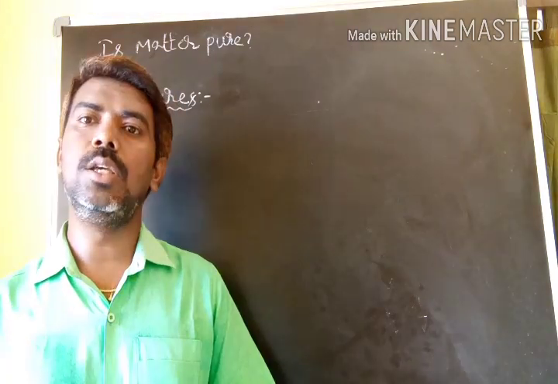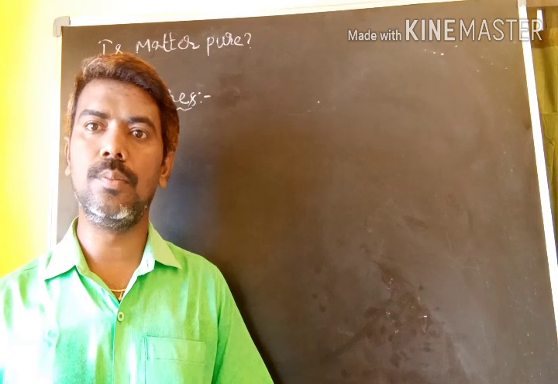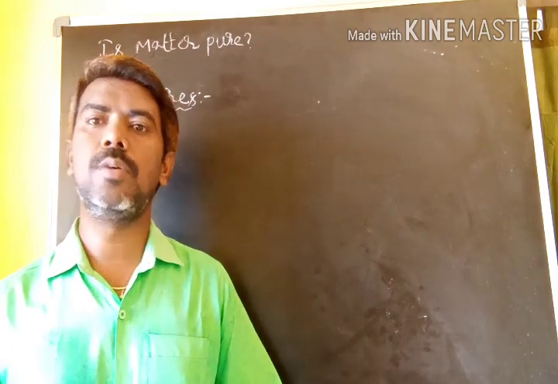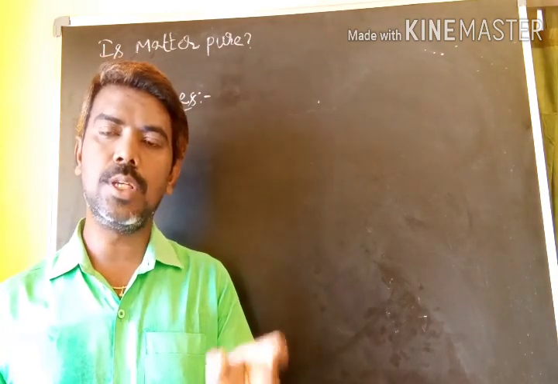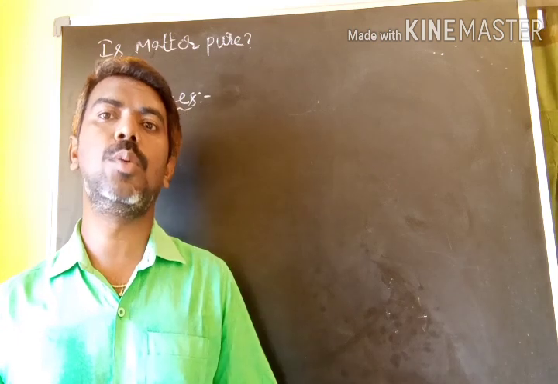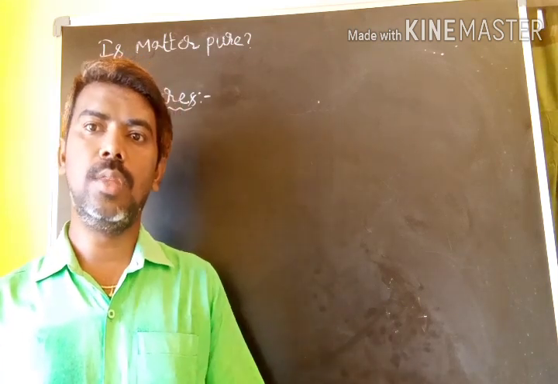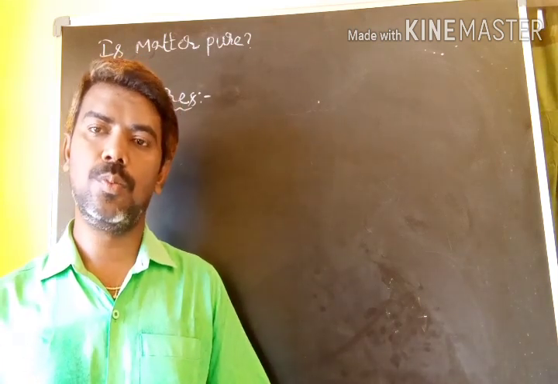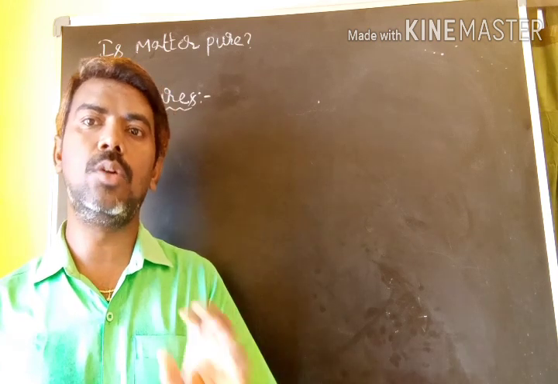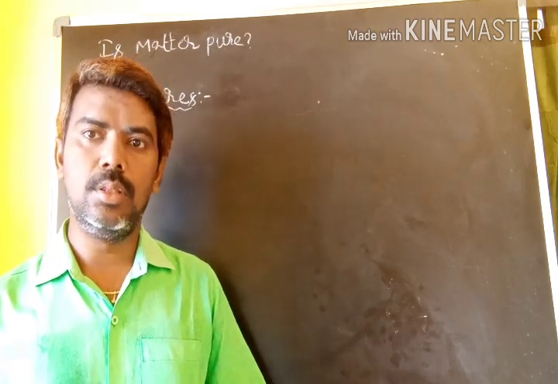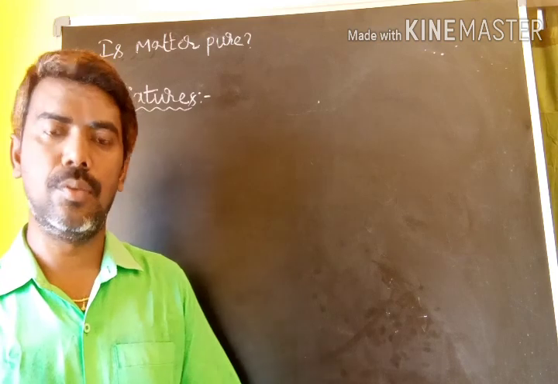A mixture is also a type of substance, but it is formed by the combination of two or more substances present in any ratio, physically combined but not chemically. That substance is called a mixture.